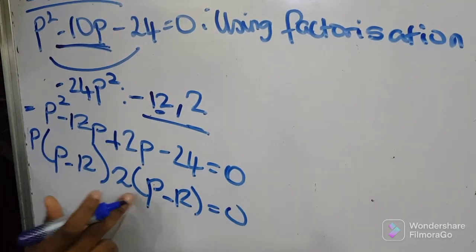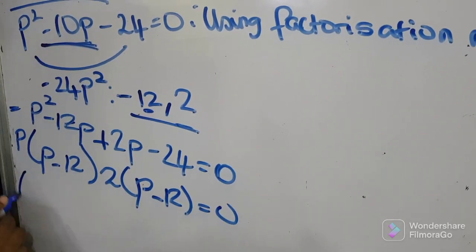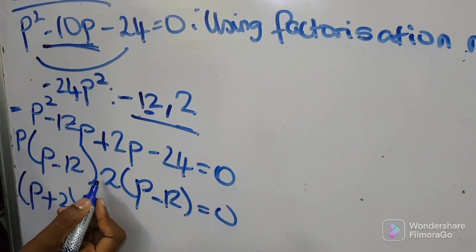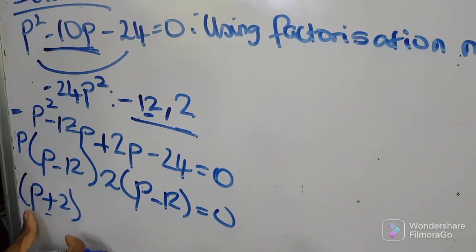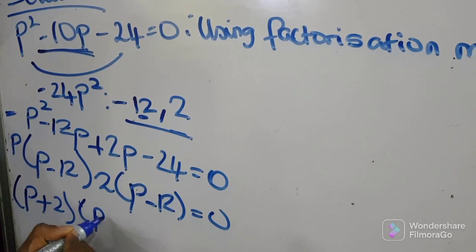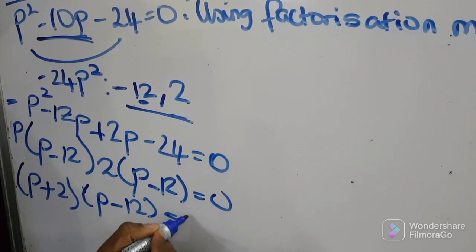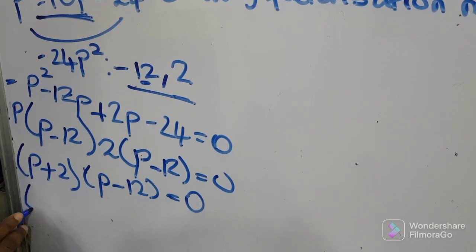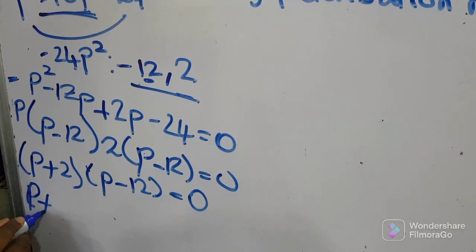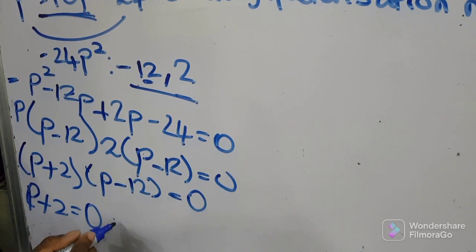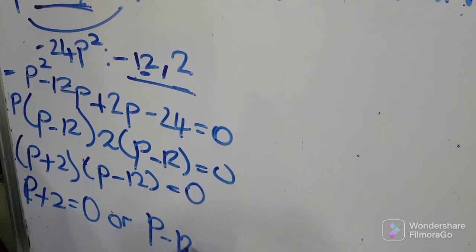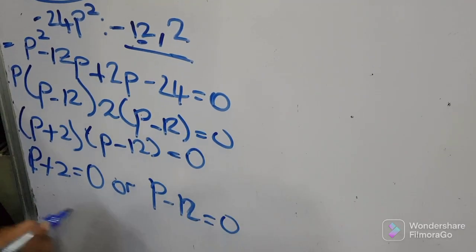So you join these two together and you pick one of these. That would be p plus 2. When there's no sign, it means it's positive, which is addition rather. Open bracket, p minus 12 equals to 0. Then you write them down individually. That is p plus 2 equals to 0, or p minus 12 equals to 0.